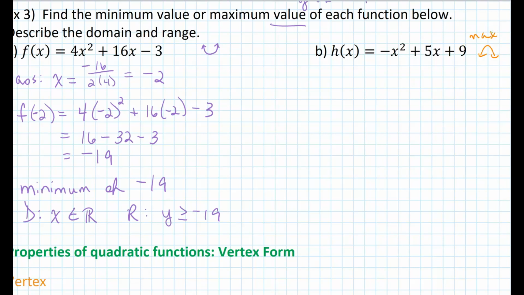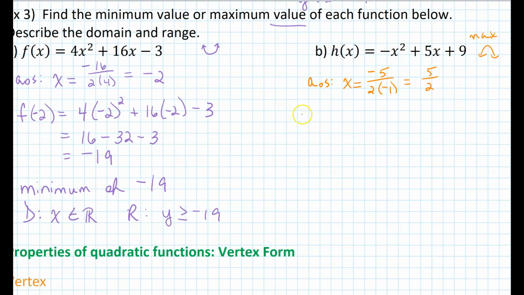So just like we did in the previous one, find the axis of symmetry. We get x is equal to negative b, which is 5, divided by 2 times a, which is negative 1. So we have negative 5 divided by negative 2. We're left with 5 halves.